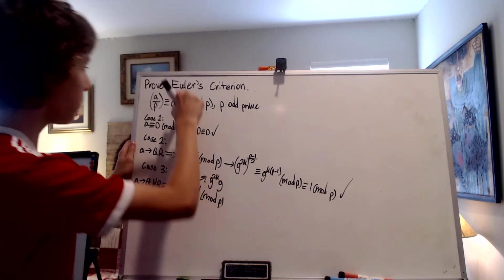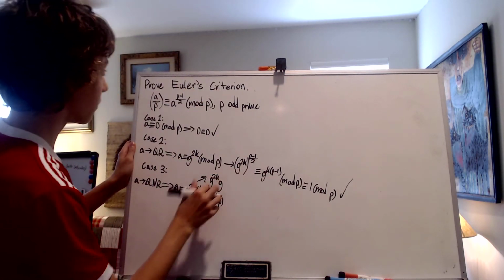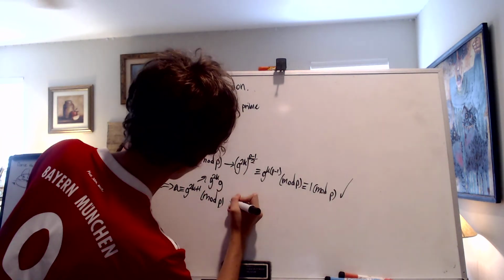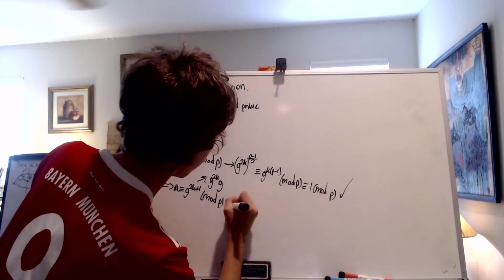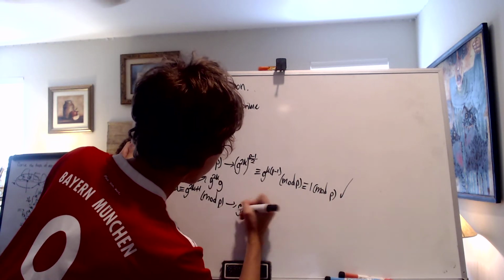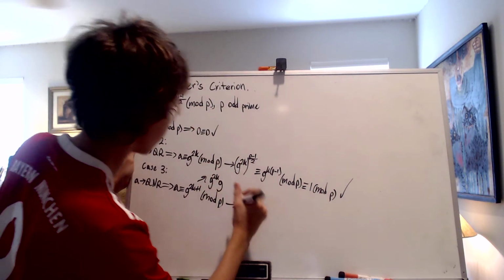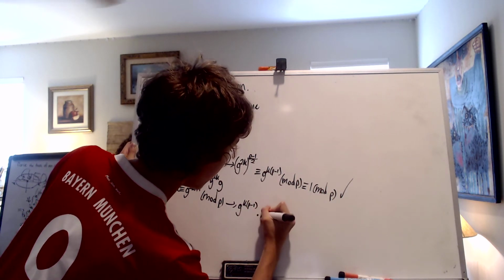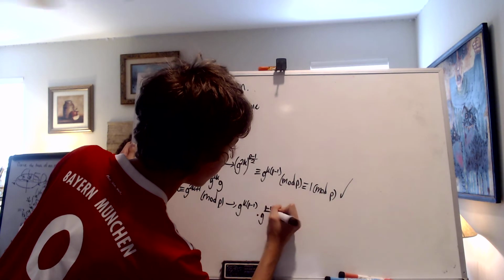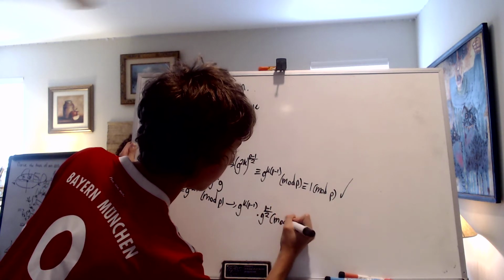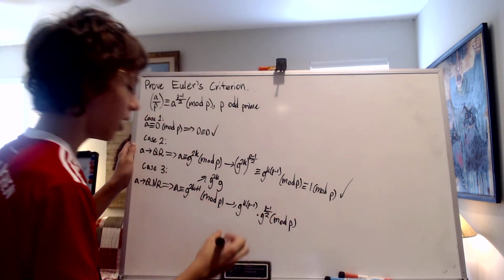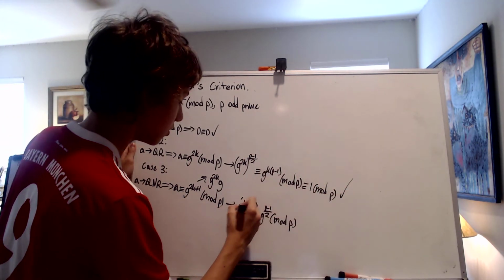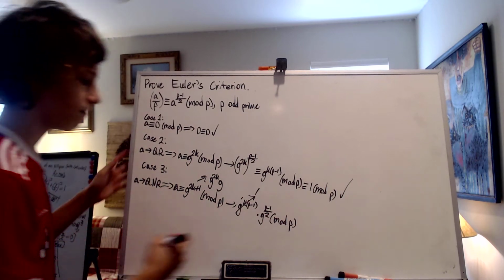Whenever we distribute the power as such and multiply, 2k times p minus 1 over 2 is just k times p minus 1, so we get g to the p minus 1, to the k, times g to the p minus 1 over 2 mod p. And again, by the same reasoning as here, this goes to 1 mod p.